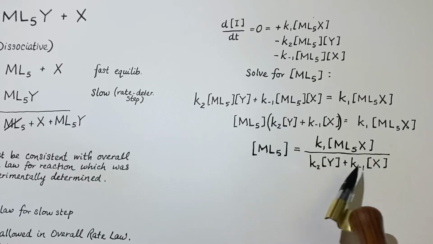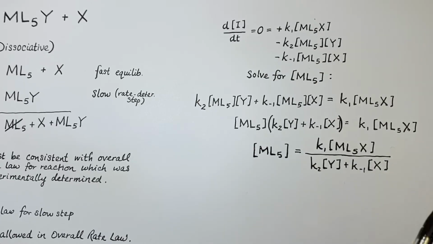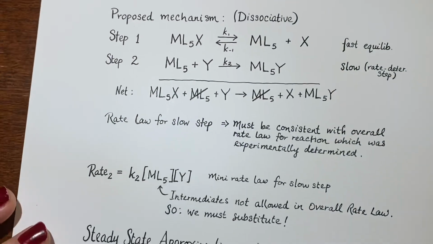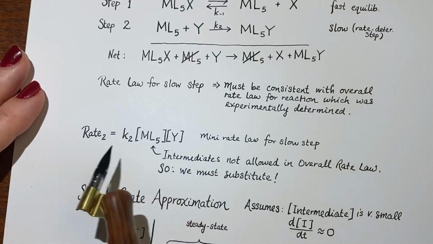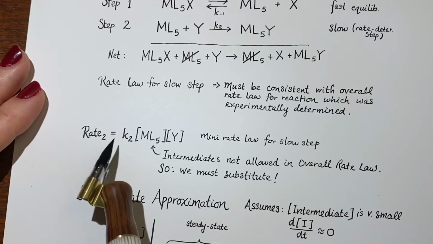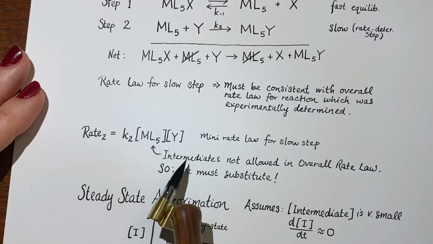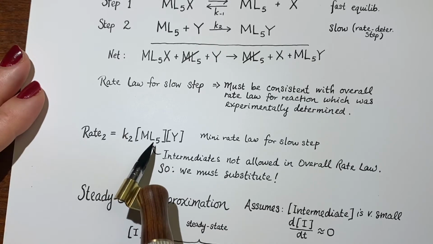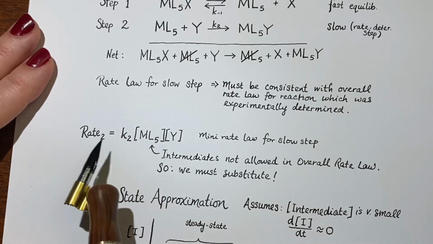Okay, so now you might ask, why did we even do this? This is beautiful, but why? Well, we have to go back. Let's remind ourselves why we did this. We're looking back at the rate law for the rate determining step. We wrote it out, and the intermediate's not allowed. So we solved for this, and now we can plug that in. So let's rewrite this over here.